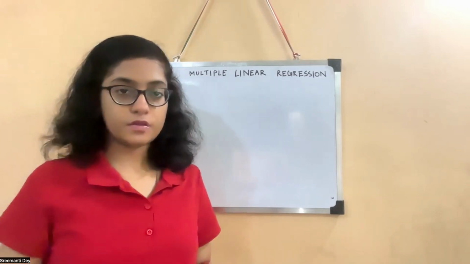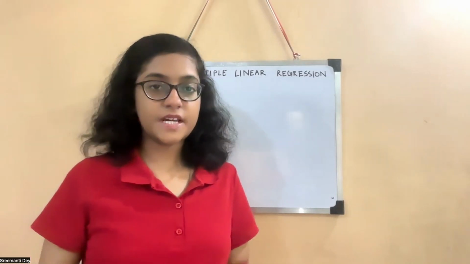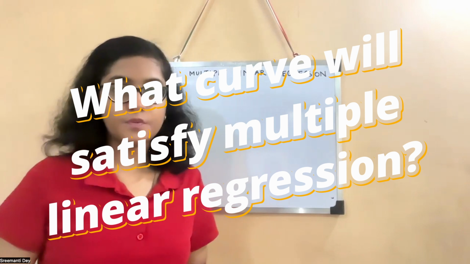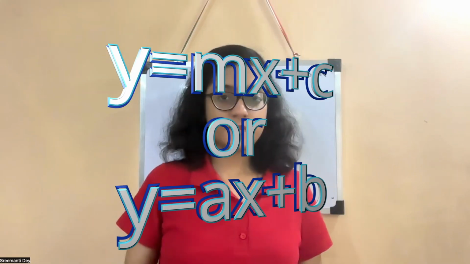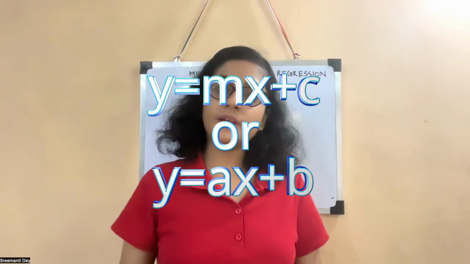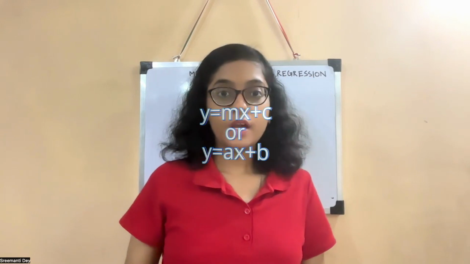Now we want to find out the curve. What curve will satisfy our multiple linear regression problem? In simple linear regression, since we have one x and one y, and it's linear, y would be mx plus c or ax plus b, some linear function of x. In multiple linear regression, we'll have x1, x2, xn, n features.